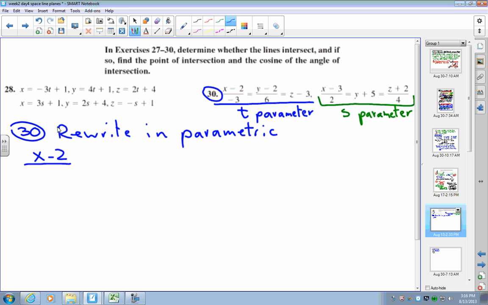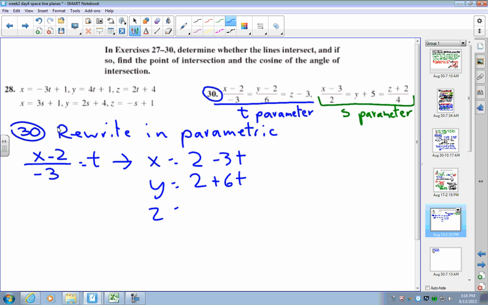X minus 2 all over negative 3 is the t, which can then get converted to x equals 2 minus 3t. Okay? And then similarly, y would be 2 plus 6t, and z would be 3 plus t.